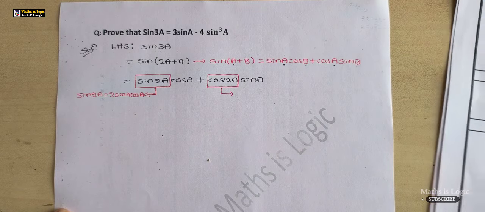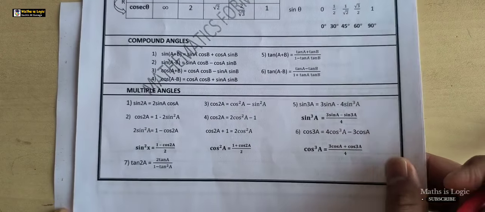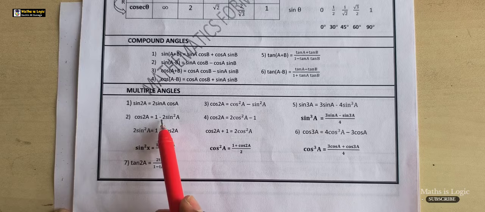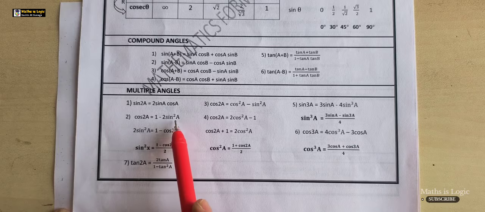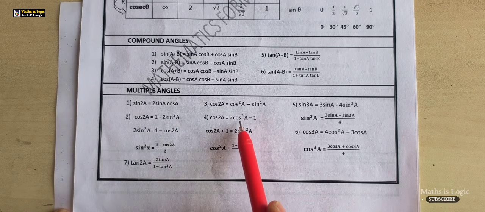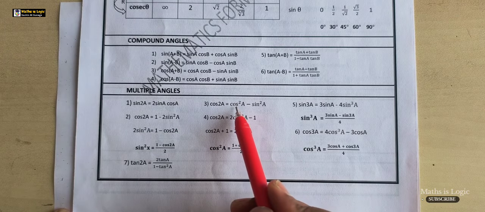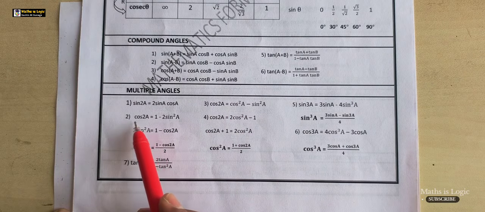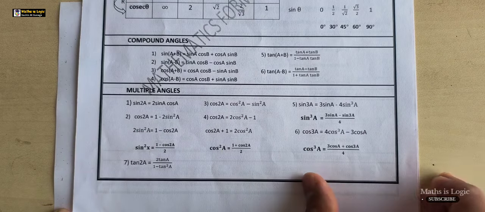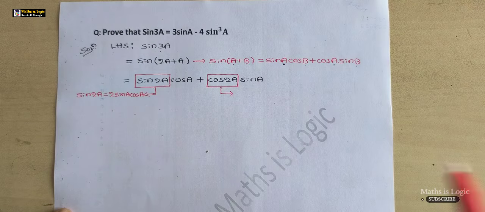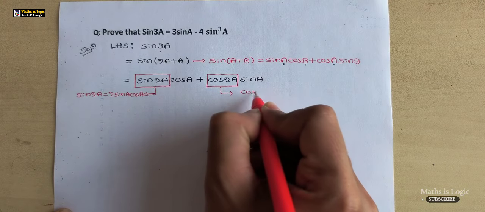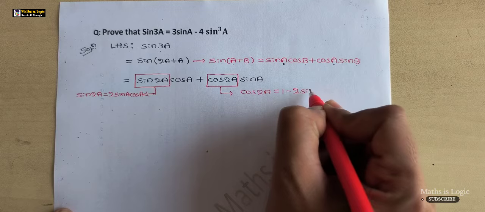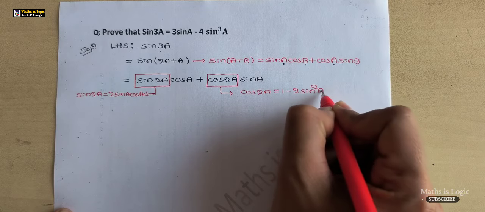That's why we apply the formula cos 2A equals 1 minus 2 times sine square A, because only sine is present in this formula. Here cos is there, so don't apply. Here also cos is there with the sine, so don't apply. So remember, cos 2A is 1 minus 2 times sine square A.